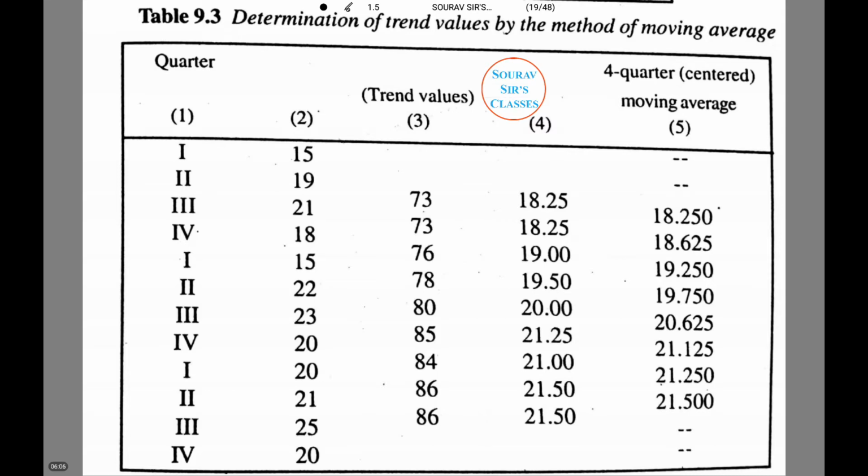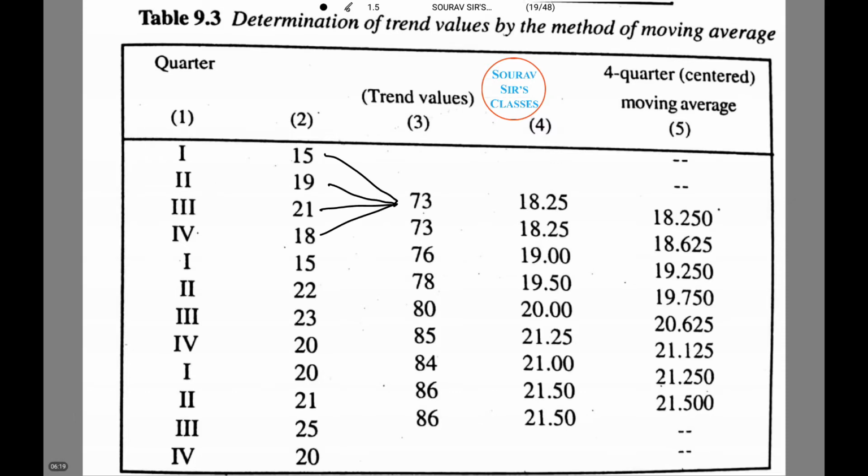Since a year consists of 4 quarters, we have taken the 4-year moving average method. That is, 73 is the addition of the first 4 values. Again, the next 73 is the addition of the next set of 4 values. Lastly, 20, 25, 21, 20 comes to 86.